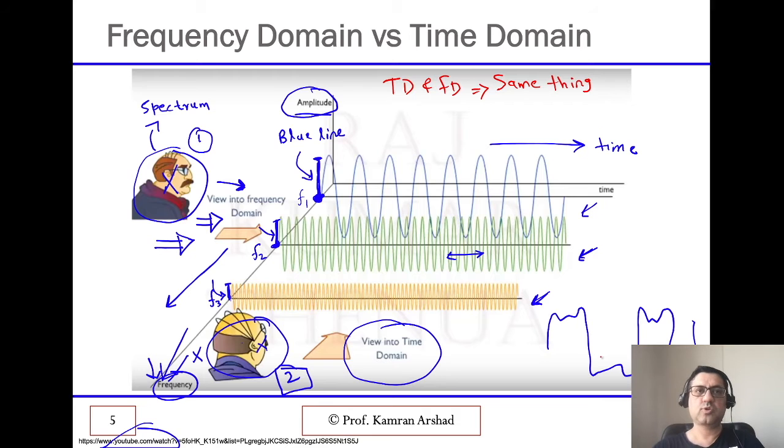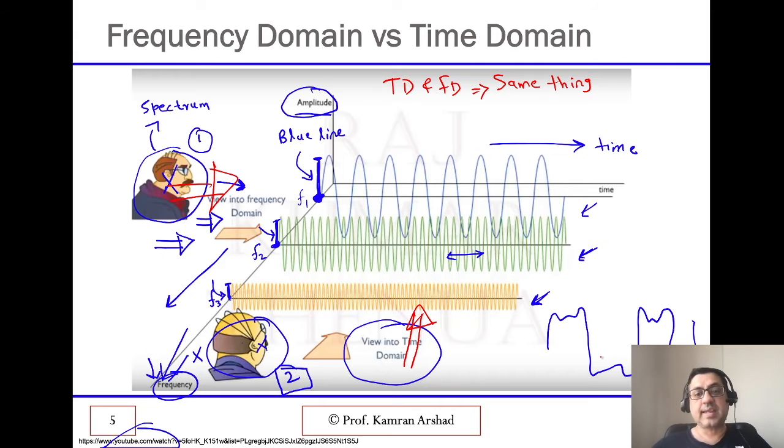From the time domain you can convert it into the frequency domain, or from the frequency domain you can convert it into the time domain, but it's the same thing. It's just a matter of what angle you are looking from. If you are looking from here, it's the frequency domain. If you are looking from here, it's the time domain.